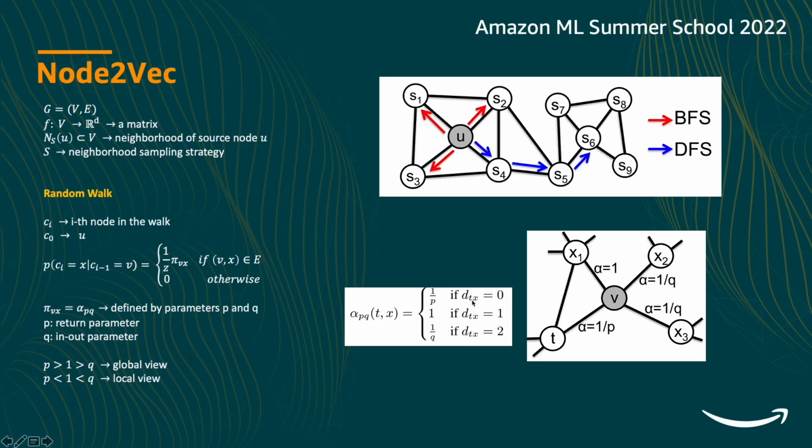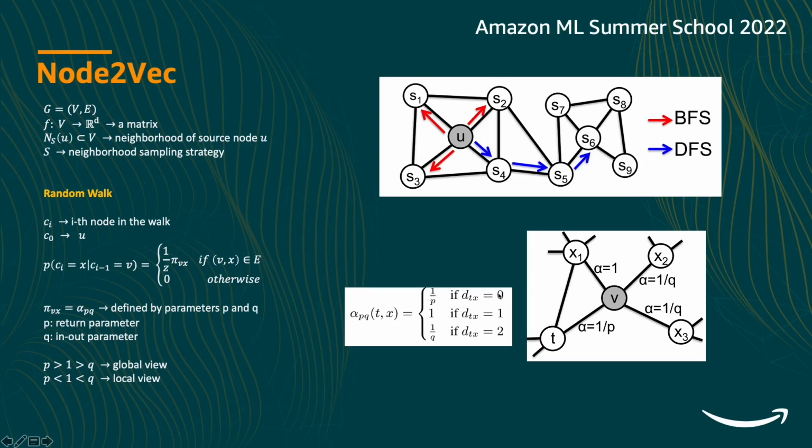Here d_tx is the shortest path between the node T and X. The shortest path between node T and itself is 0. From T to X1 is 1, there is one edge. From T to X2 is 2. And similarly from T to X3 is 3.